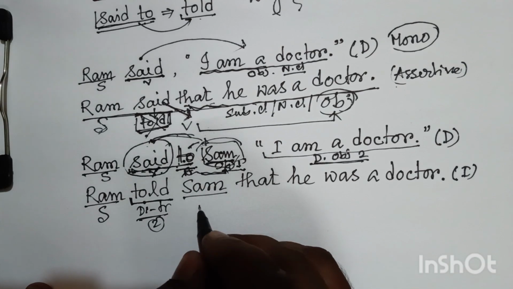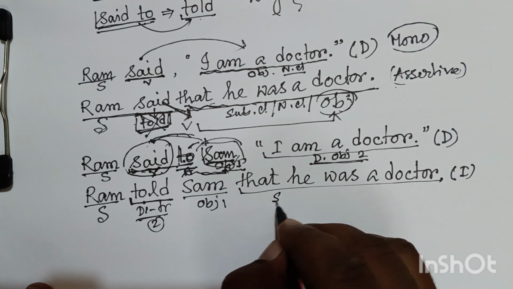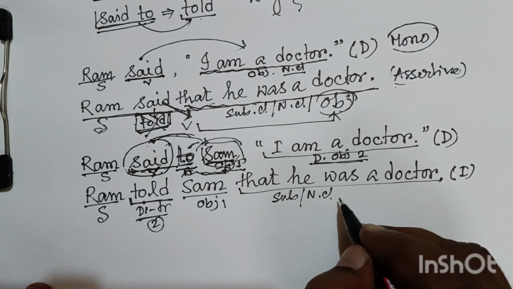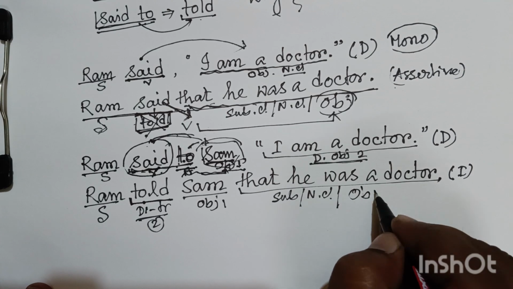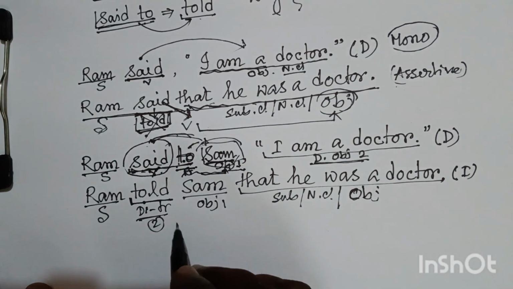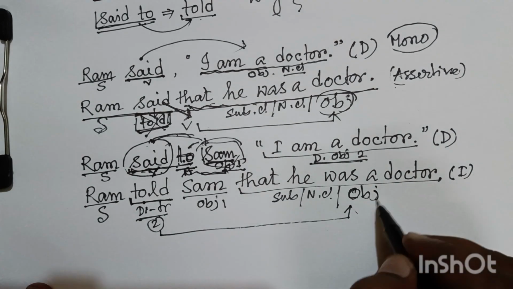Sam, that is the object number one, and the entire clause, this subordinate clause, which is a noun clause, is the object. Actually, this is the direct object of the verb told.